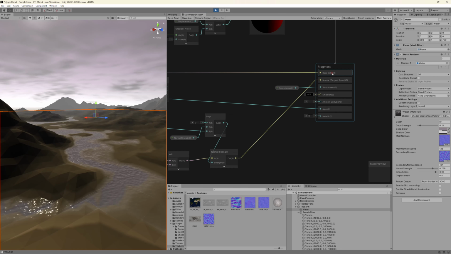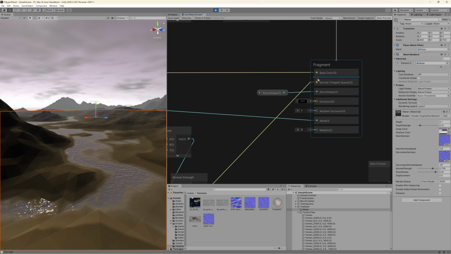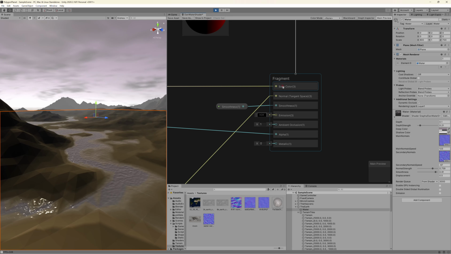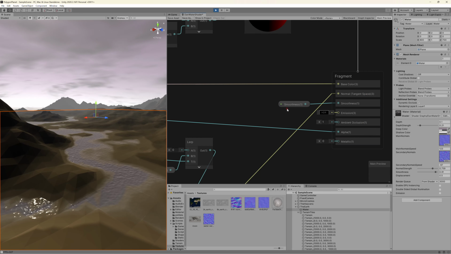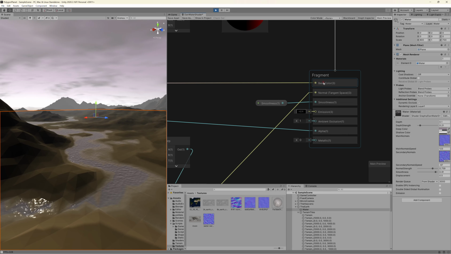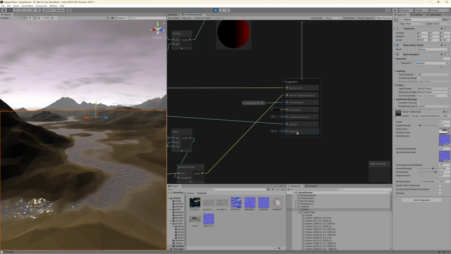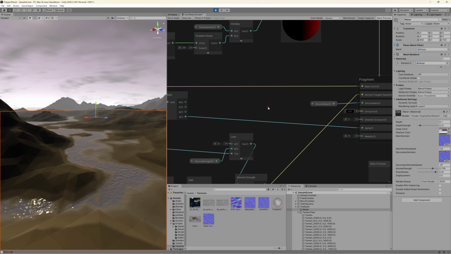We're affecting the base color of the material, and the normal map, and the smoothness and the emissions, and all these things you're familiar with in materials are being manipulated effectively in real time to produce a material that has these properties updating or changing potentially with every frame. So huge amount of versatility here.